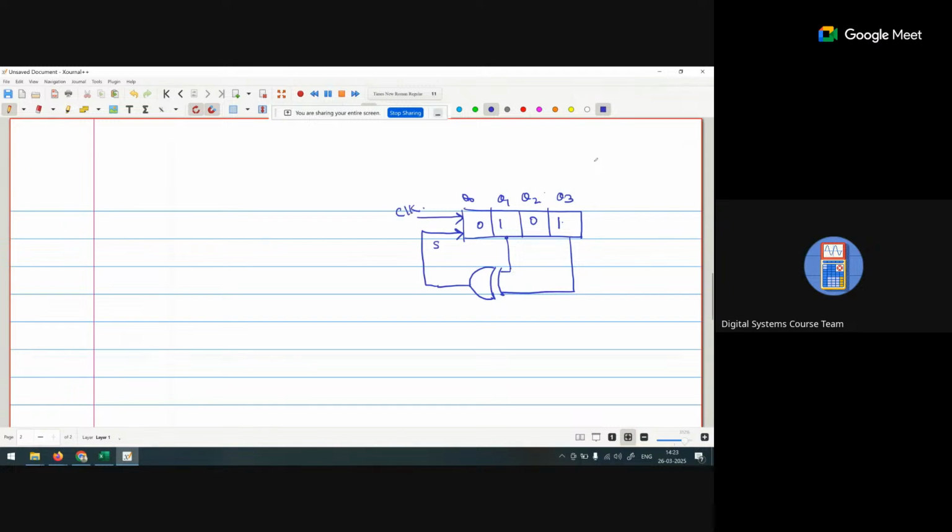That is the serial input. At clock 0 the data is 0, 1, 0, 1.